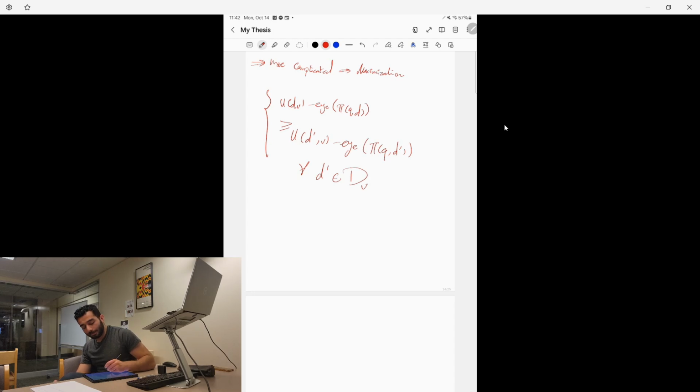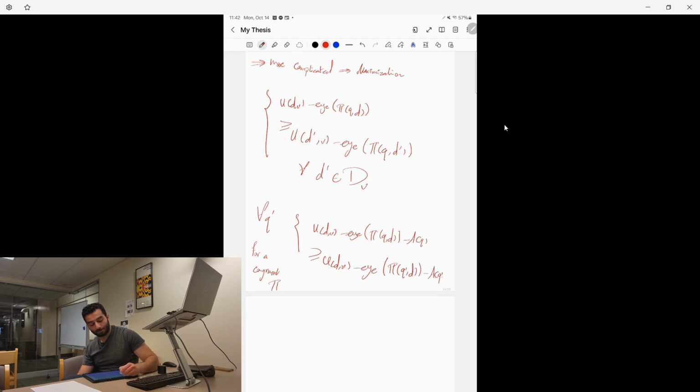And then for each q prime, u of d and v minus the eyeballing cost of pi q d minus a_q is greater than the eyeballing cost for a congruent pi of q prime and d minus a_q prime.